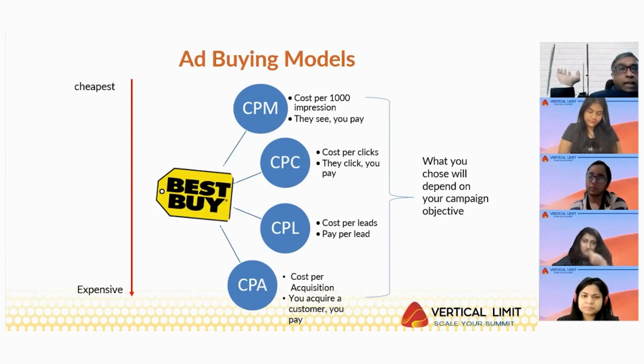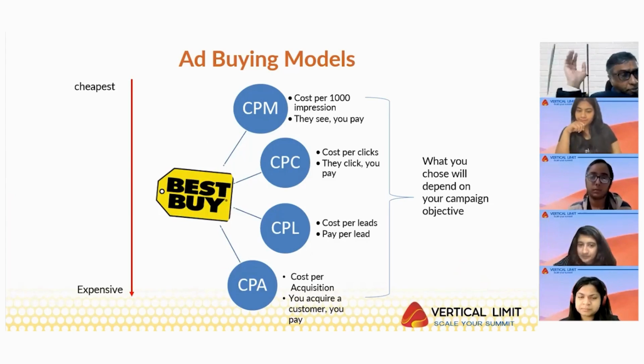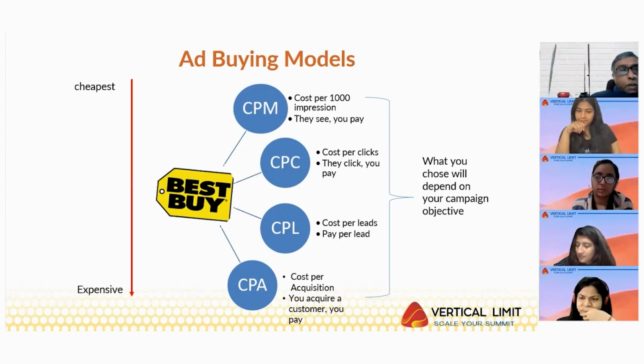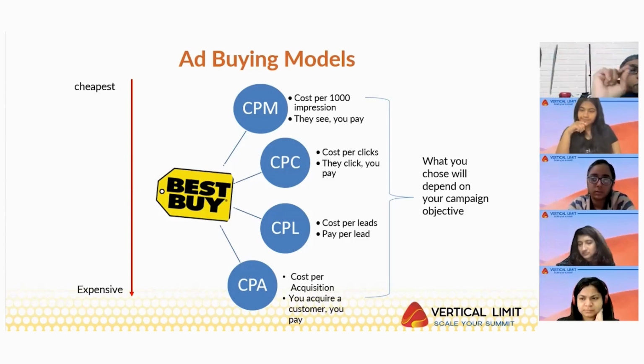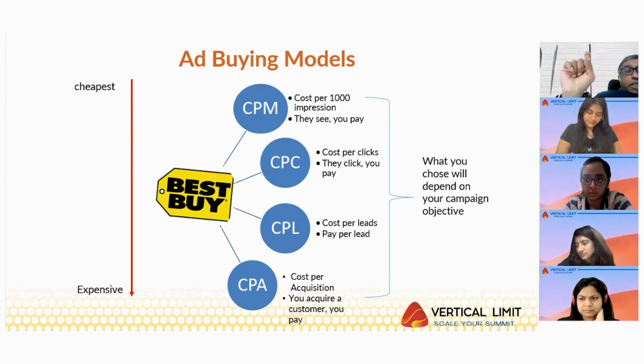They circulate the magazine or the newspaper to 1 million people or 1 lakh people. People open the newspaper, they will see my ad. I am paying Samaj or I am paying Times of India. Right? So CPM is a model which traditionally started in internet advertising, because the only related model everybody had was traditional form of advertising, where it said you pay for space. That's it. So cost per 1,000 impression is what a CPM model is.